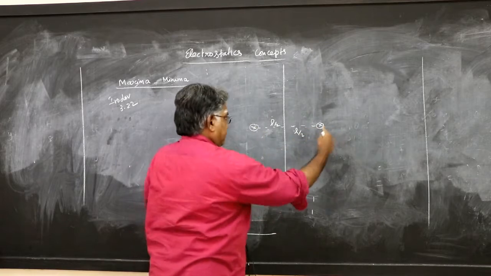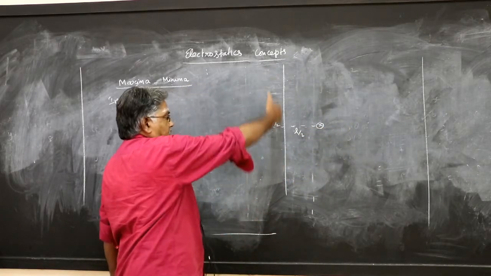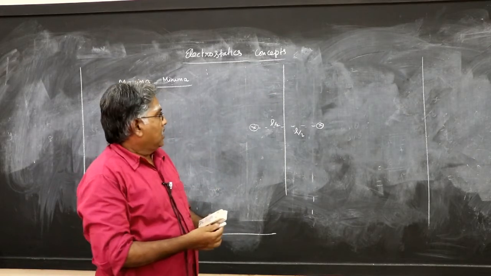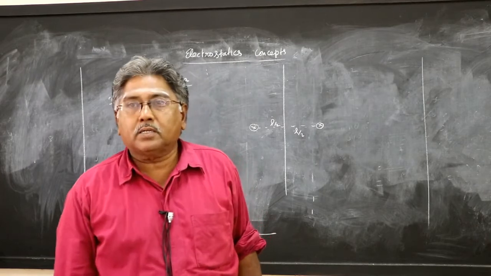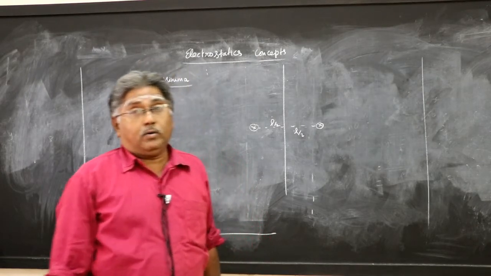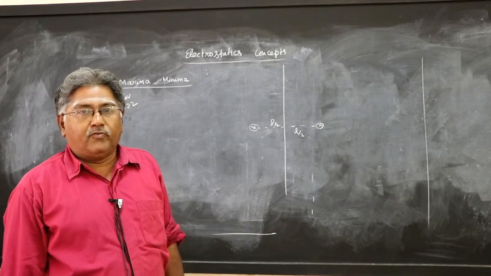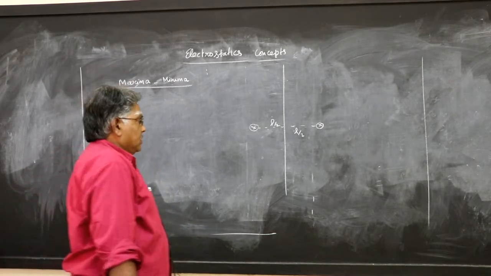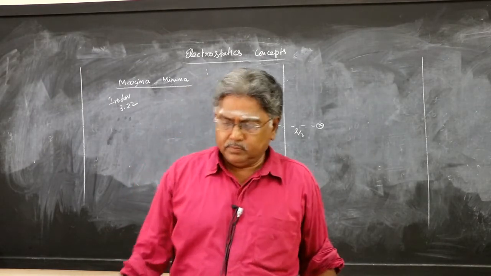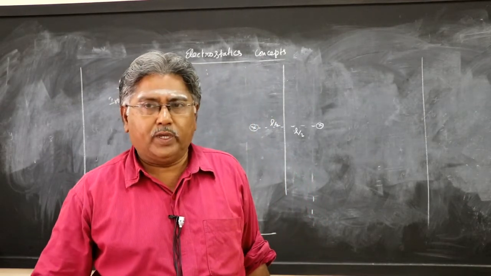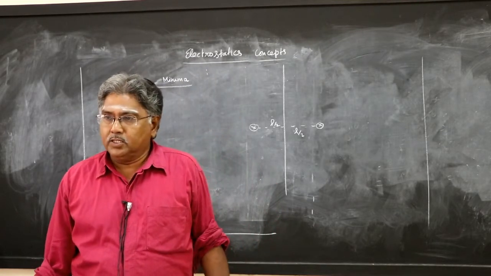Now on the symmetry plane, what is the maximum electric field possible? A lot of different methods are there to do this sum. We can see how easily we can solve it.